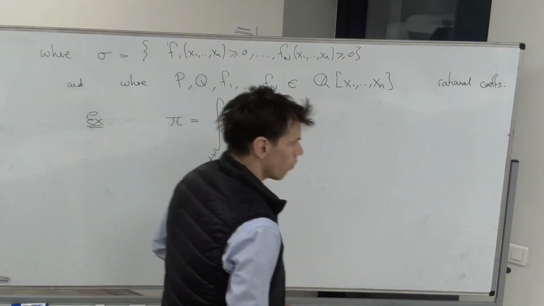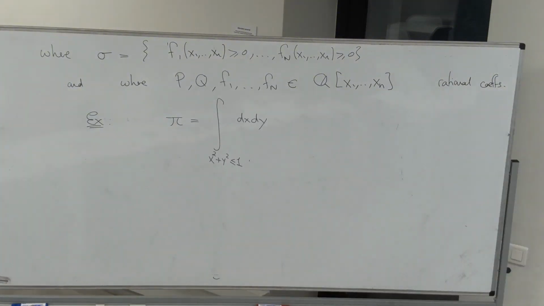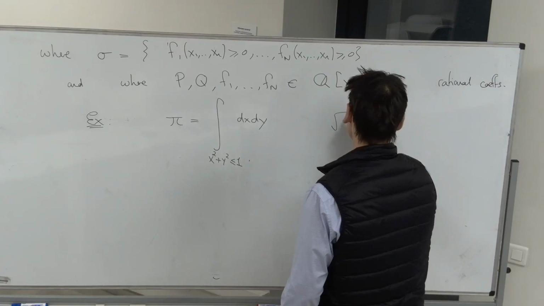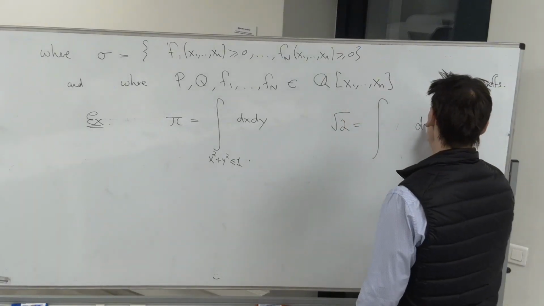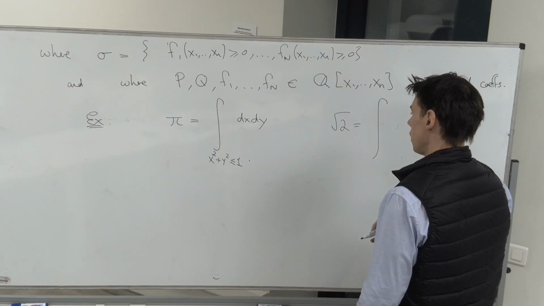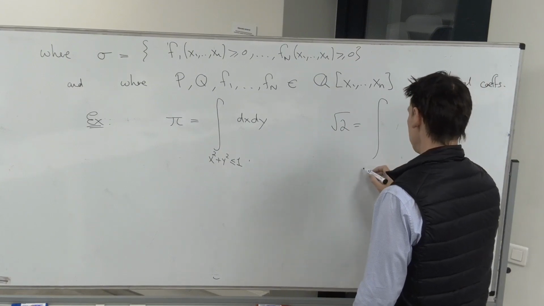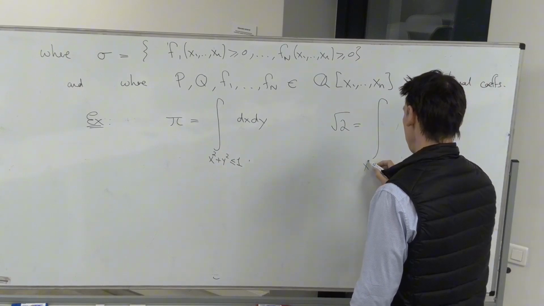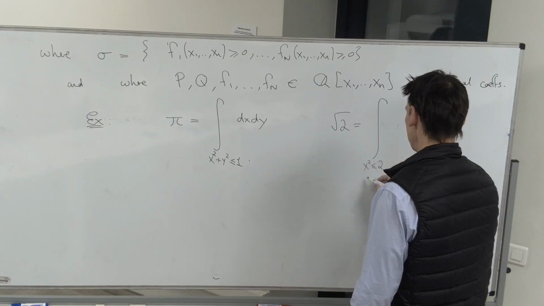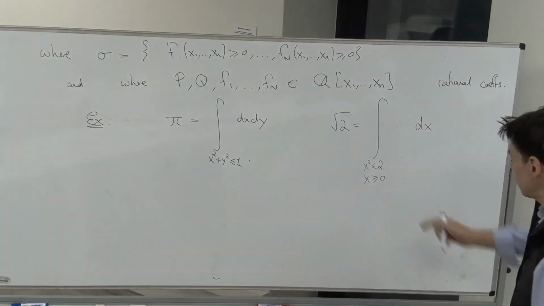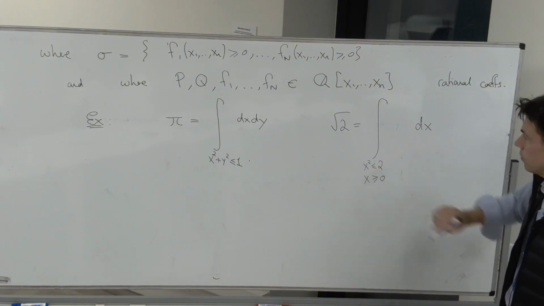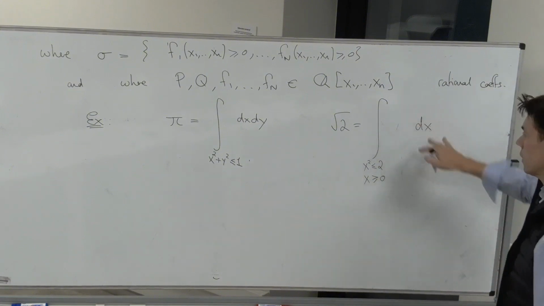This is the integral of 1. That's a rational function. Then we have the square root of 2 is the integral of dx from x squared less than or equal to 2 and x bigger than 0. So this is a region defined by polynomial inequalities. Everything is algebraic.